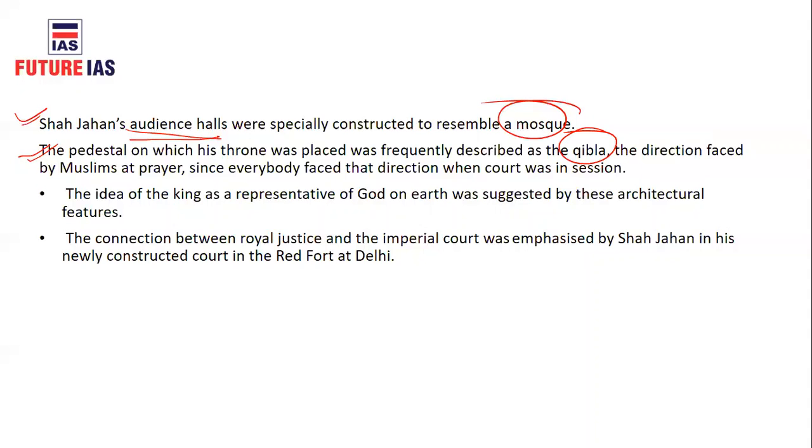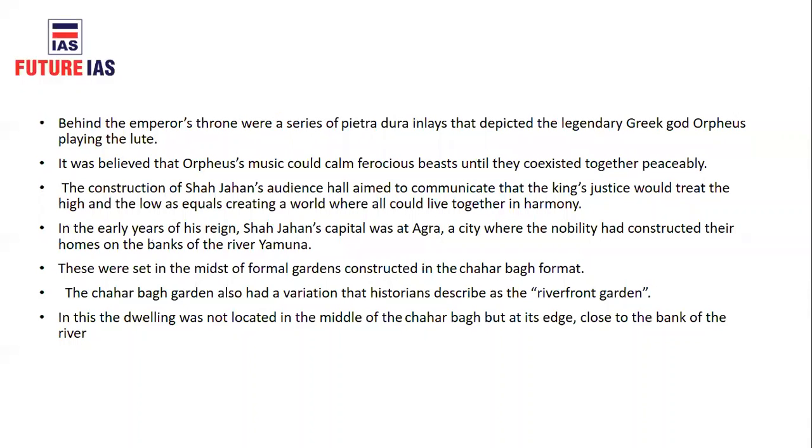So here the ruler himself used to sit on the pedestal, which resembles the mosque, and which is also a reflection of the idea of the king as a representative of God, which was suggested by different architectural features. So that is the reason such a pedestal was made in these audience halls.